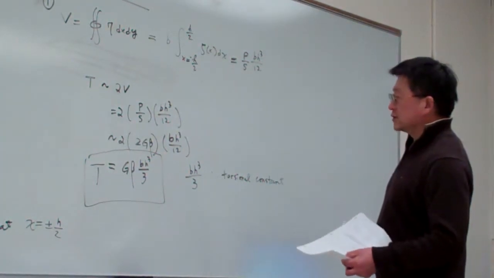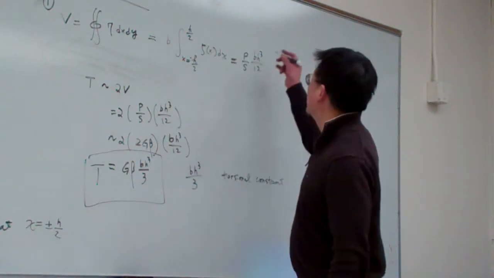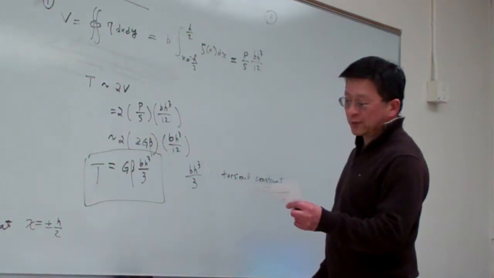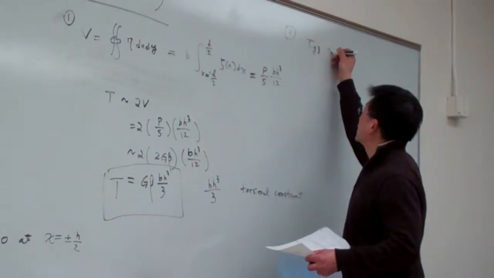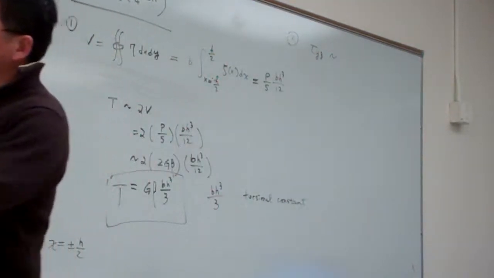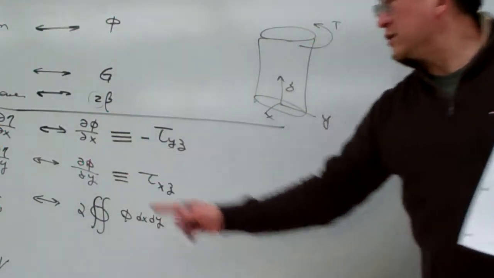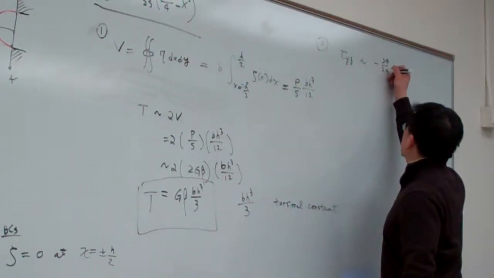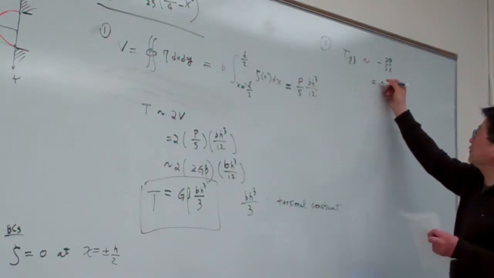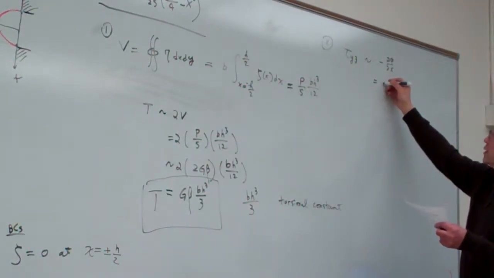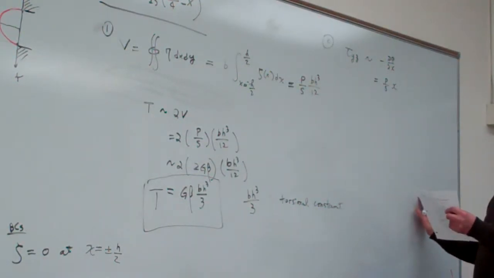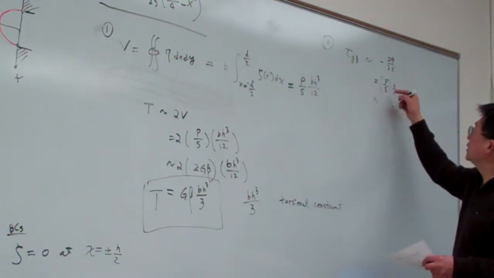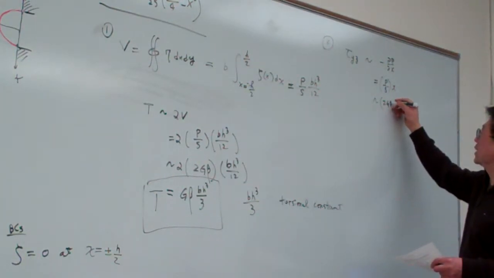So under these situations, that is the first result we have. The second one is that we can estimate the stress. For example, tau YZ is in proportion to minus B and X, and in terms of our calculations, that is P over S times X. Again, P is in terms of 2G beta.